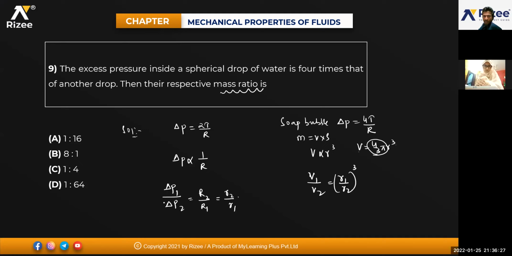That means if this one is 4 times delta P of the other, that is equal to R2 divided by R1. That means I am writing right now 1 by 4 is equal to R2 divided by R1. Okay.